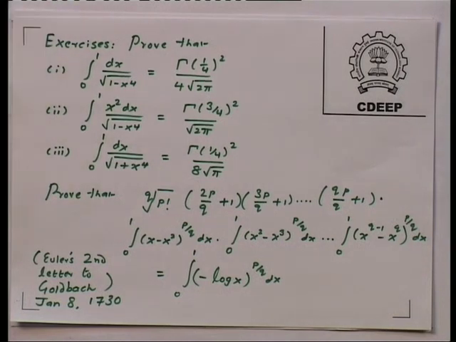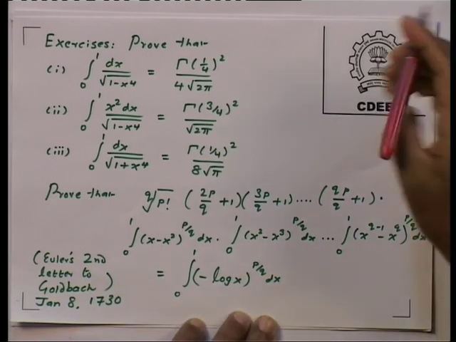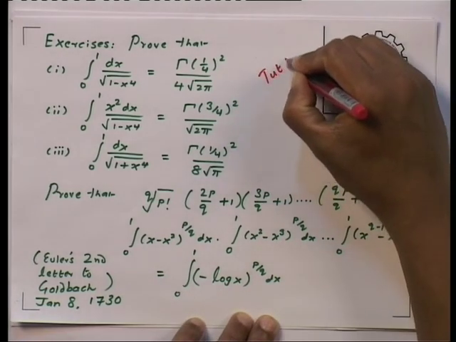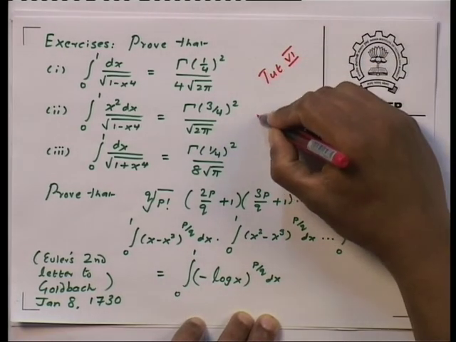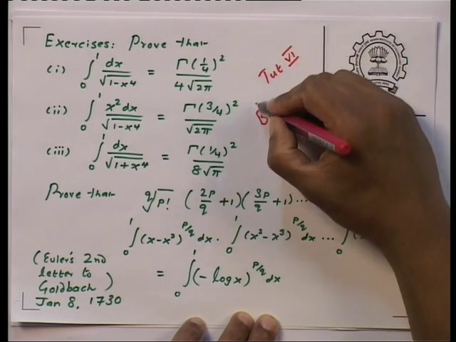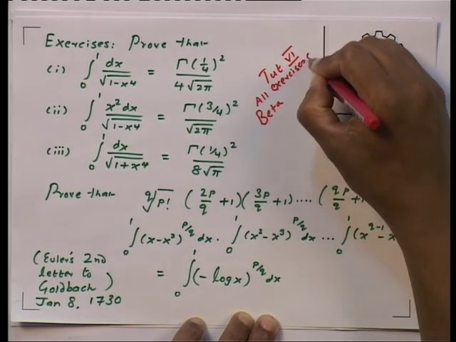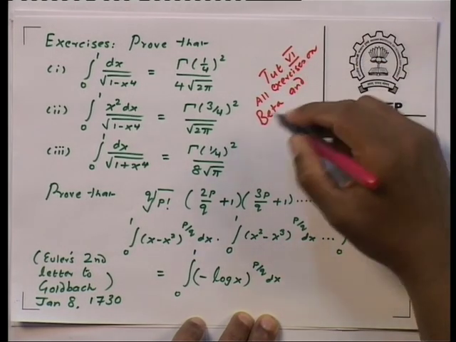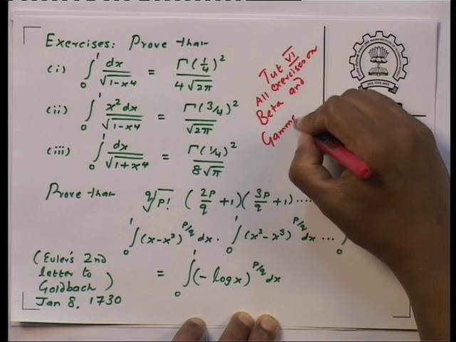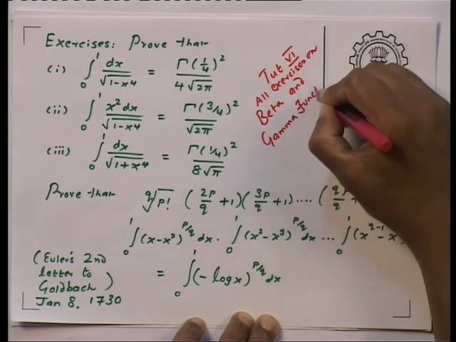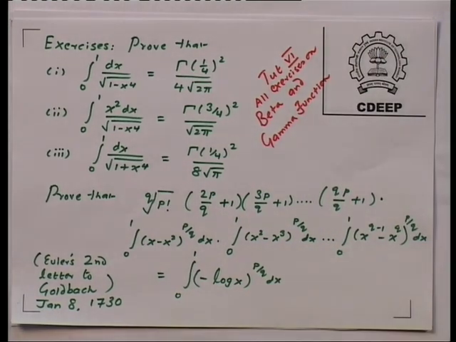Problem number 6. I mean this is a new list you can think of. Tutorial 6, okay, fine. Tutorial 6 is on beta and gamma functions. All exercises on beta and gamma functions. By the way, calling it tutorial 6 doesn't mean that I am going to discuss it on Monday. We are going to discuss it in the afternoon.